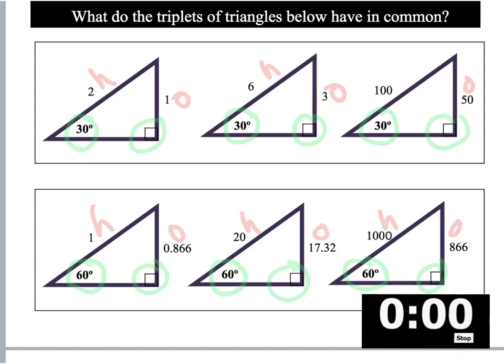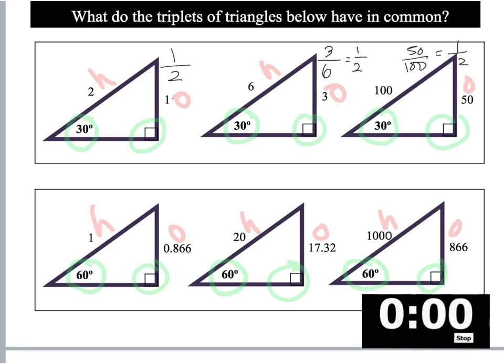If I do the opposite over hypotenuse, I get 1 over 2, a half. On the second triangle along, I get 3 over 6, which also equals a half if I simplify the fraction. And on the next one along, I get 50 over 100, which also simplifies down to a half.